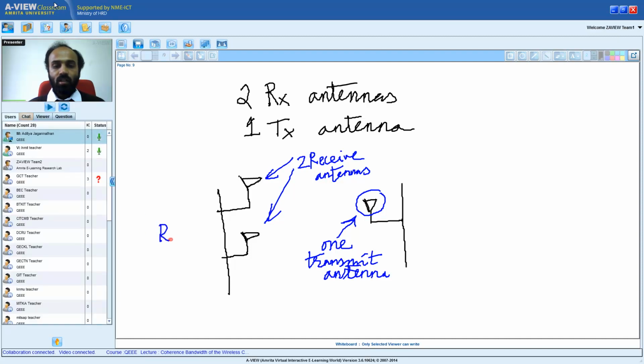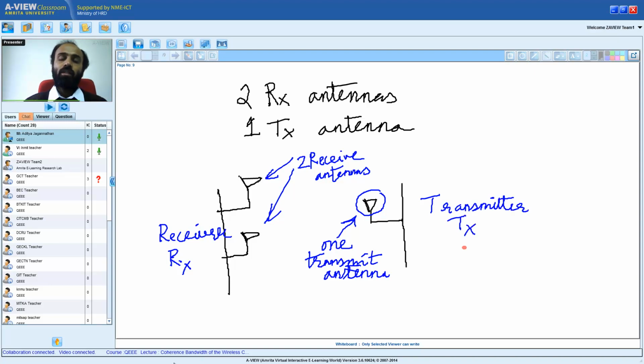So this is my receiver. I'm also going to denote this by Rx. This is my transmitter. I am also going to denote by Tx. So now what I am saying is, instead of a single antenna at the receiver, I have two receive antennas, right?